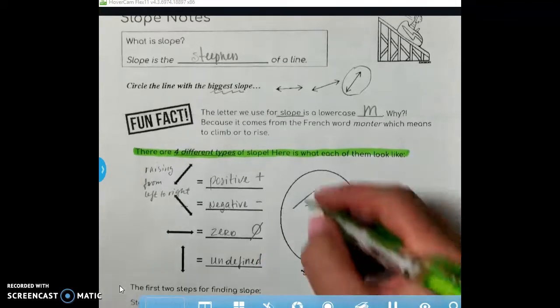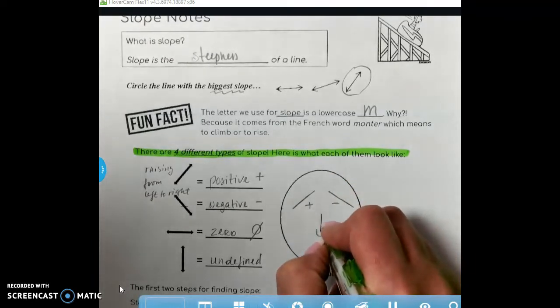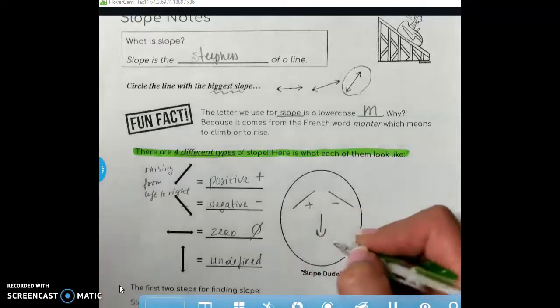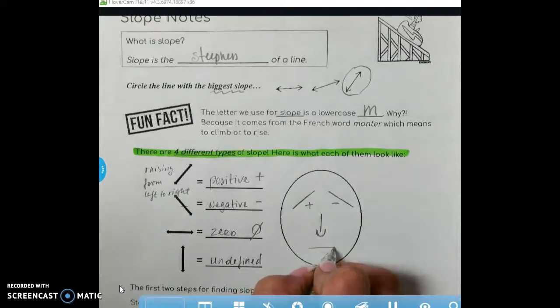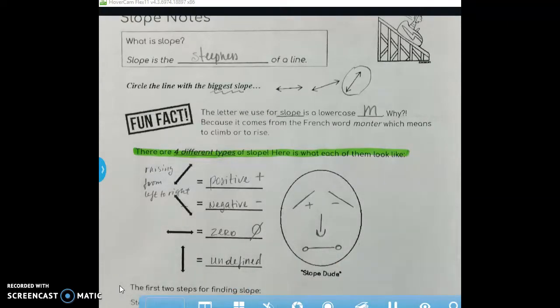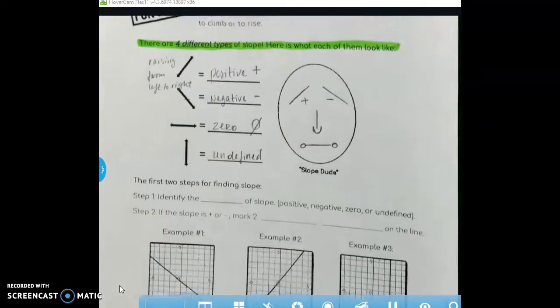He has an undefined nose. Okay, undefined slope. This is a U, undefined. And so with a 0 slope, 0 is his mouth. So it's just handy. If you find it helpful, you can always sketch it on your paper as you start to analyze these slope graphs.